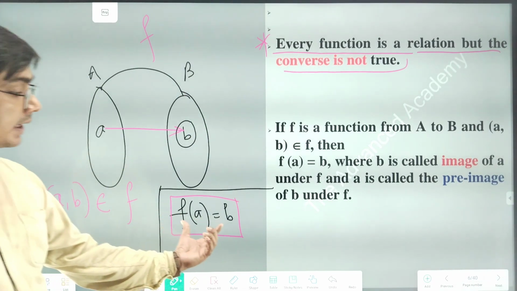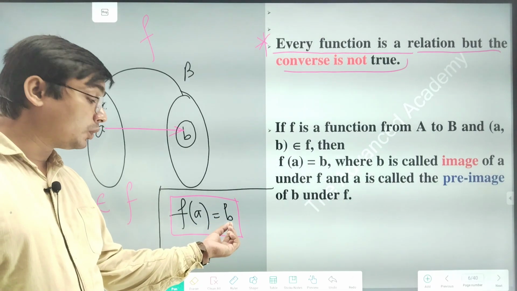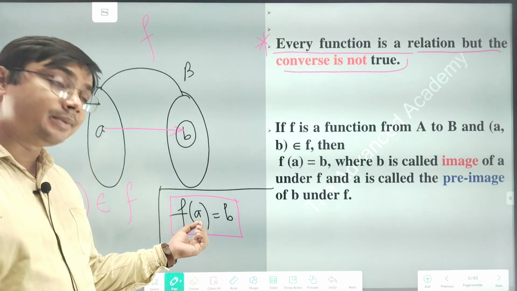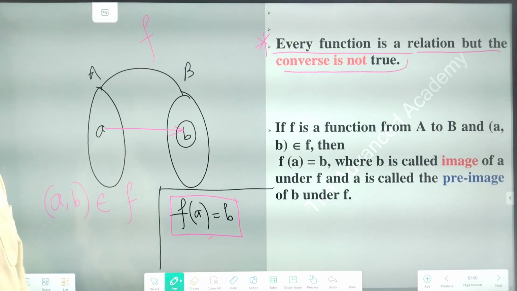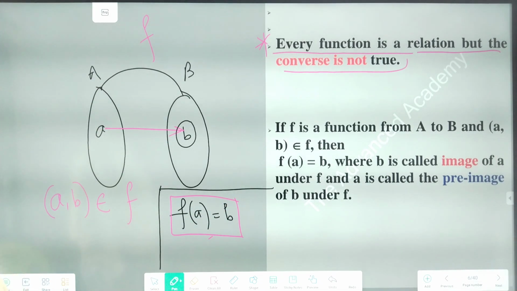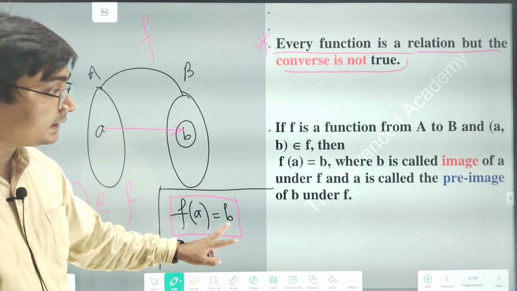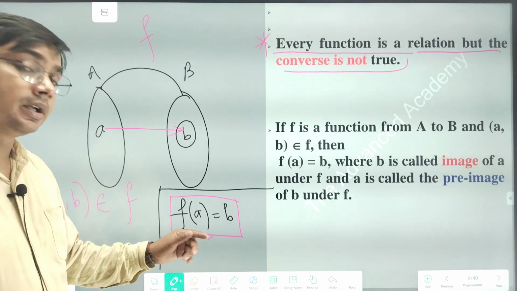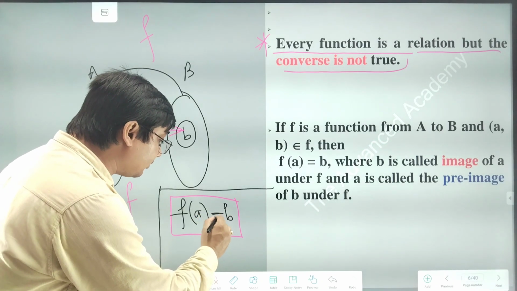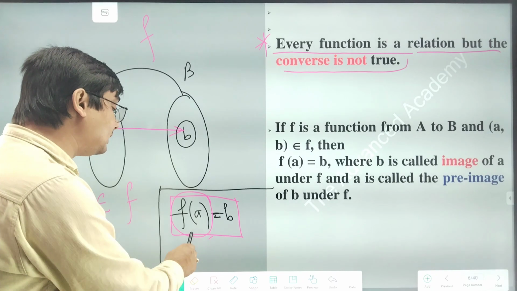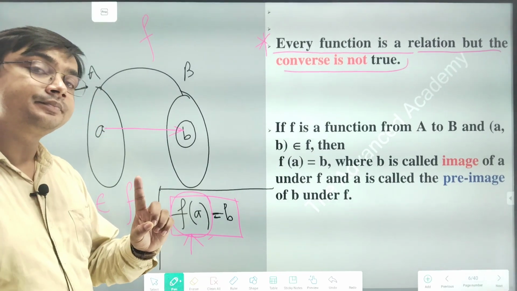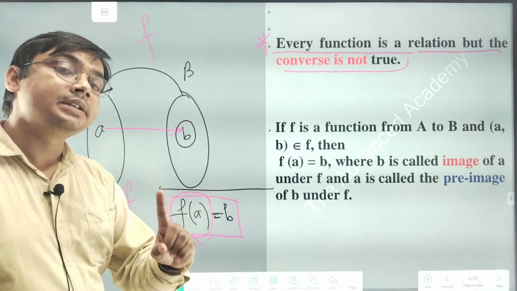If you write like this, then b is called the image of a, and similarly this a is the pre-image of b. So b is the image of a, or b is equal to f of a; that means f of a is nothing but the image of a.